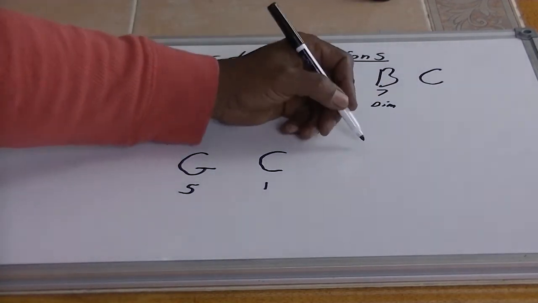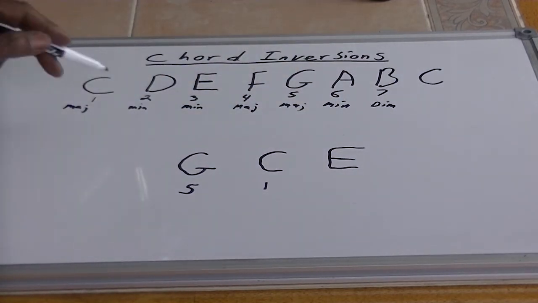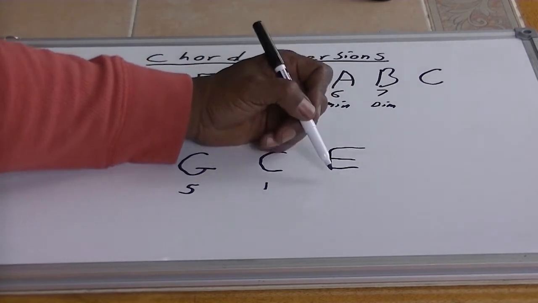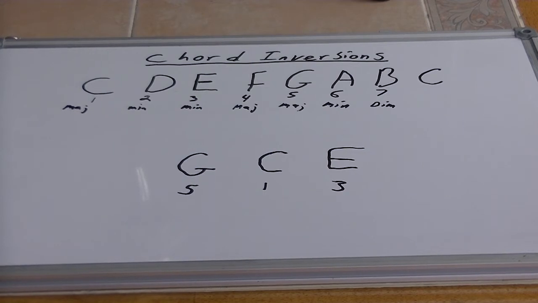So the notes of our chord are G, C, E. And of course, E is the 3rd note of the scale, so now I'm going to represent that with the number 3. So what I've just demonstrated was 3 different ways that we can represent this C major chord. And now what we're talking about is chord inversions.